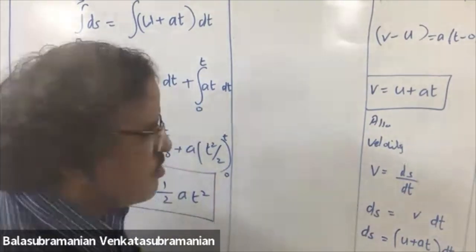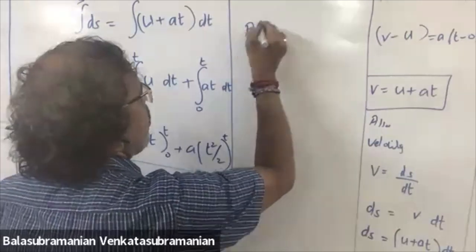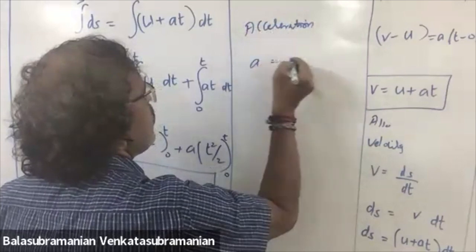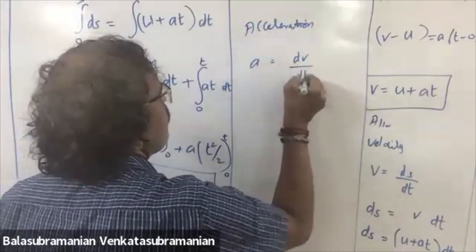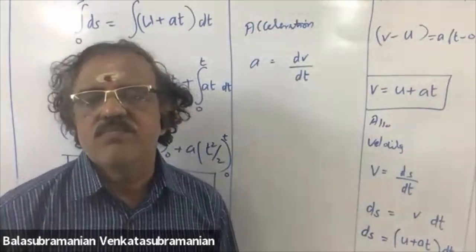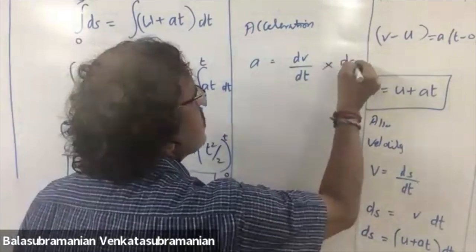Third equation. Again, acceleration a is equal to the rate of change of velocity, dv by dt. Multiply and divide by ds.